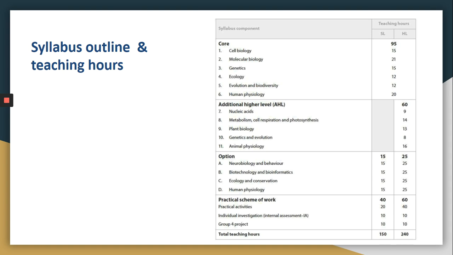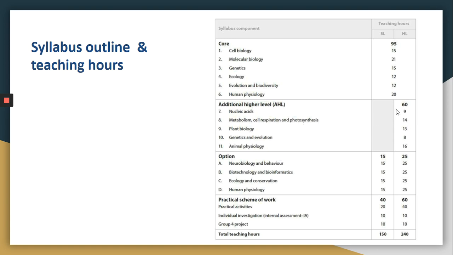The total number of hours for this core is 95 hours, and you can see the separation of each unit according to the number of hours. Between SL and HL both are the same, which means that both SL students and HL students need to study the core.